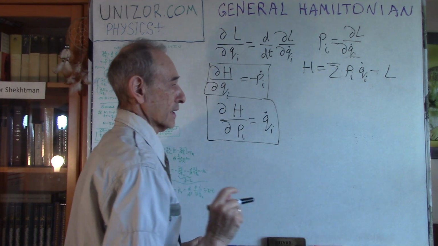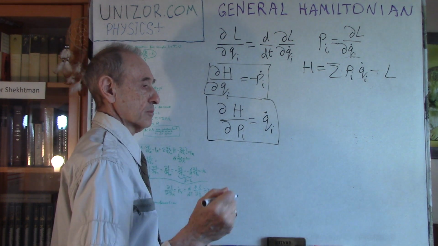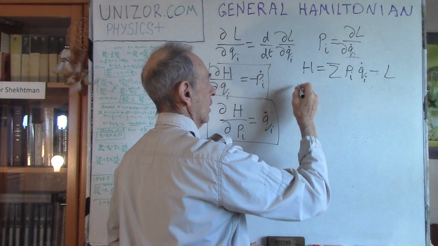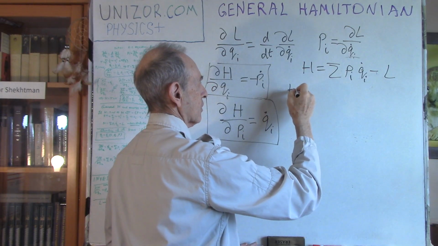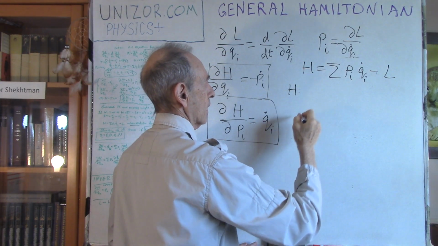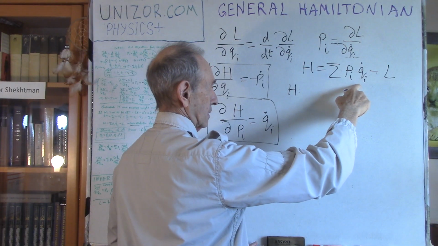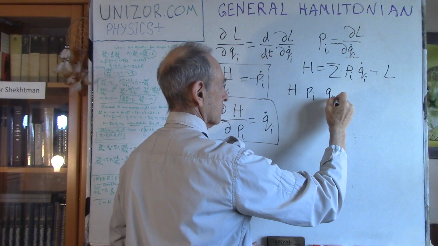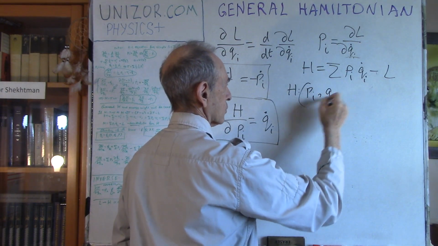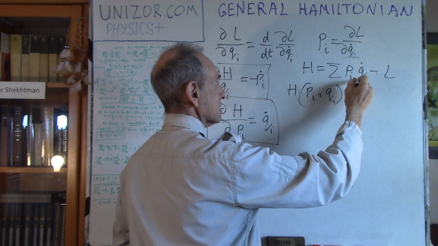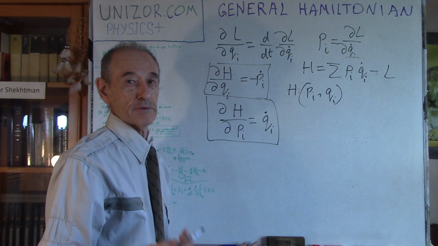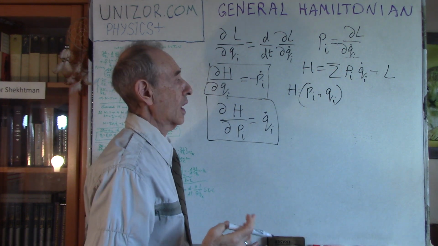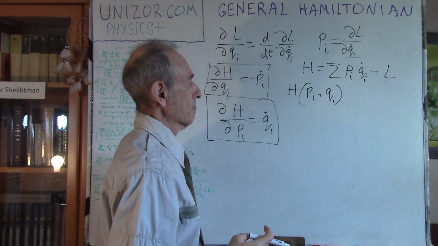But here I would like you to pay attention to a very important consideration. What are my variables right now for H? Well, this looks like another variable, but we have agreed that momentum and coordinates are functions. Now this is not really an independent function. It's the derivative of q_i by time.